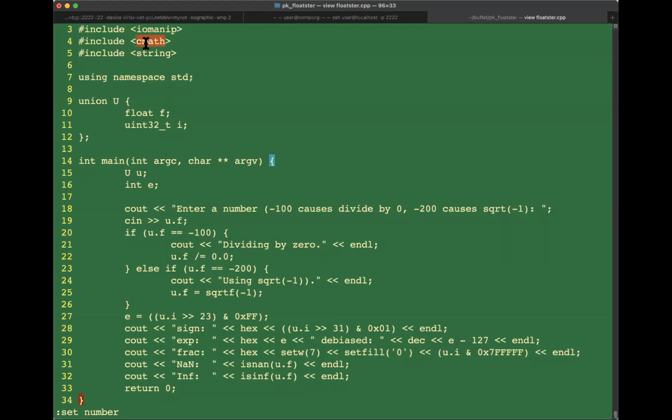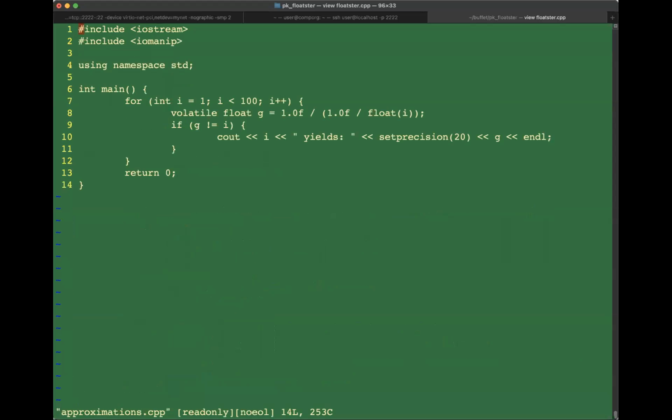There's a whole set of rules for mission critical life and death software, especially with regard to floating point. Once again, about floating point, let's take a look at the source code to the other program.